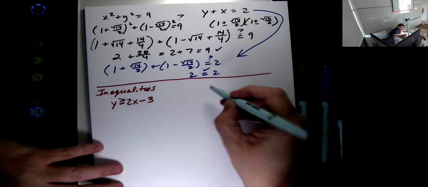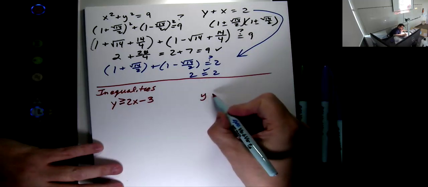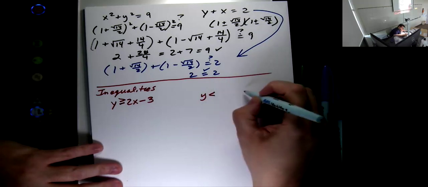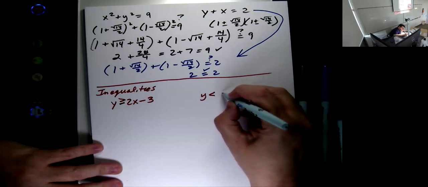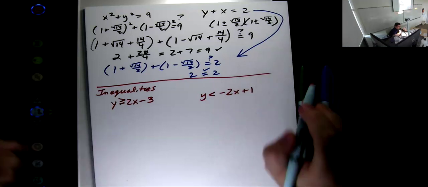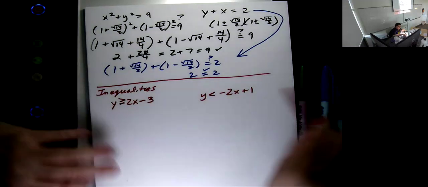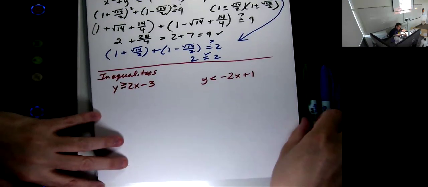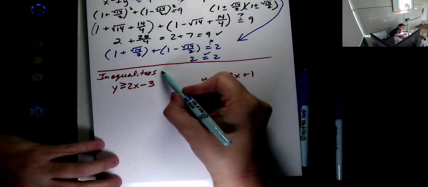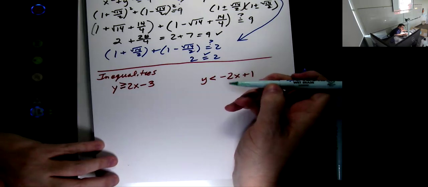And we'll also look at doing y is less than, let's see, negative 2x plus 1. Okay, so when we graph these, really the only real way to find the solution is graphically.